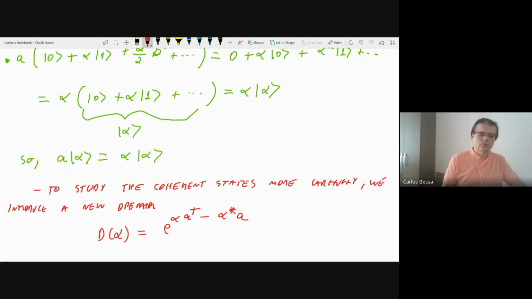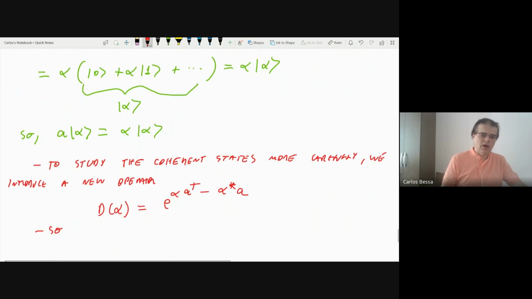So my state alpha, which is this guy here times this guy here applied to the vacuum state, will be just D alpha applied to the vacuum.